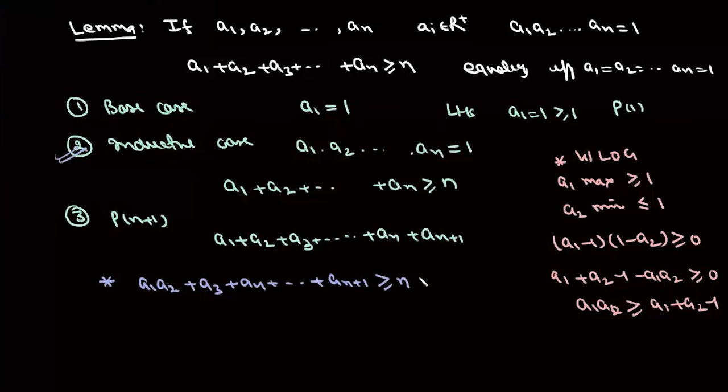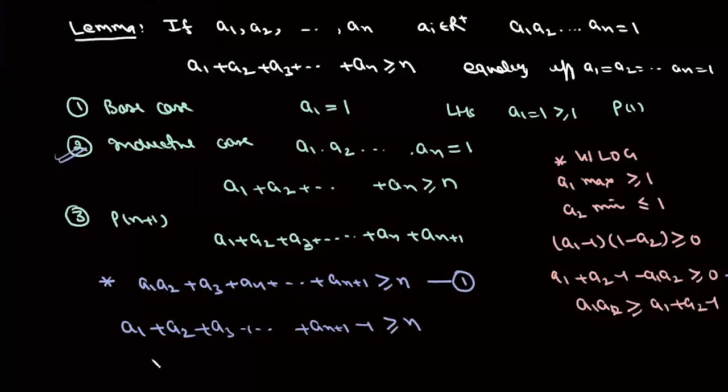Now what we'll do is we'll add these two inequalities. This is first and this is your second, and if we add them, what will happen? a1 a2 will cancel, so we can write a1 plus a2 plus a3 up to an plus 1 minus 1 will be greater than or equal to n, or we can write a1 plus a2 up to an plus 1 is greater than or equal to n plus 1, which is Pn plus 1.